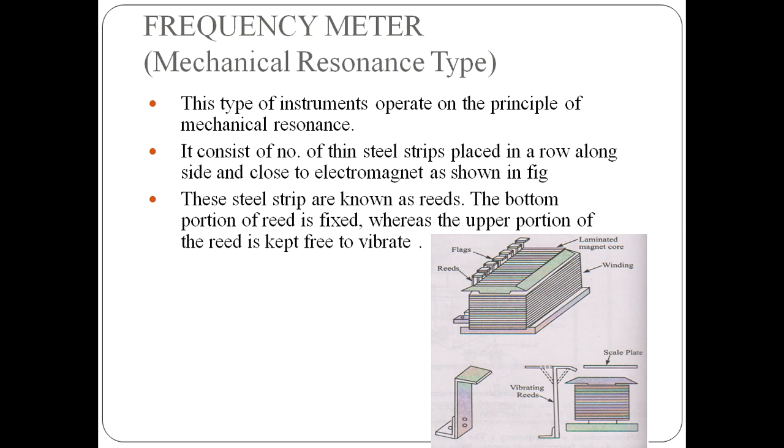Mechanical resonance type: this type of instrument operates on the principle of mechanical resonance. It consists of a number of thin steel strips placed in a row along the side of and close to the electromagnet, as shown in this figure.